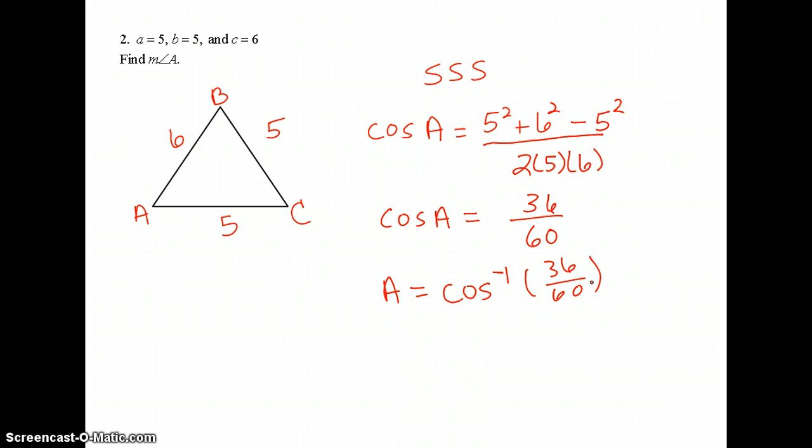So I'm going to put in my calculator second cosine of 36 divided by 60, and I get 53 degrees. And then once I have that angle, then I can go on and use the law of sines to find my other two angles.